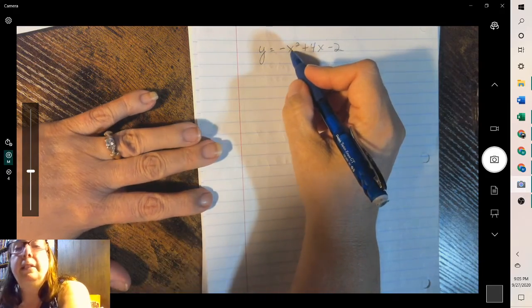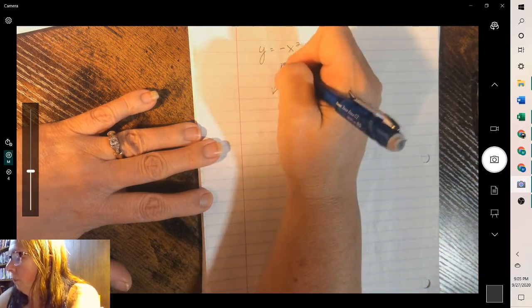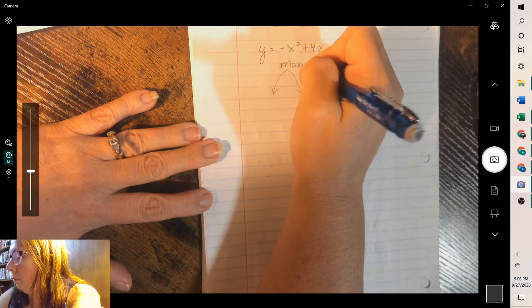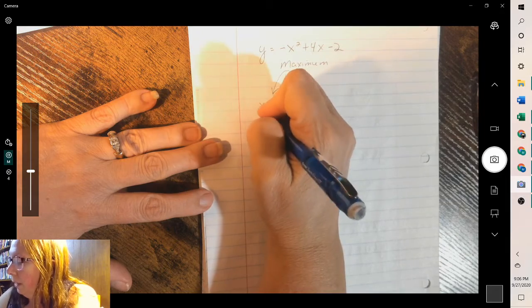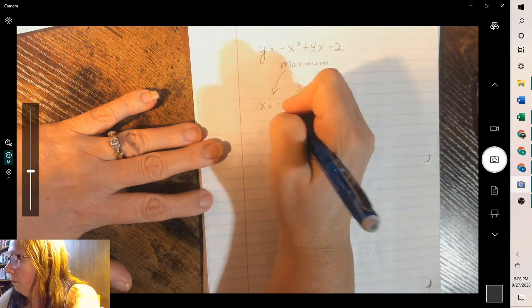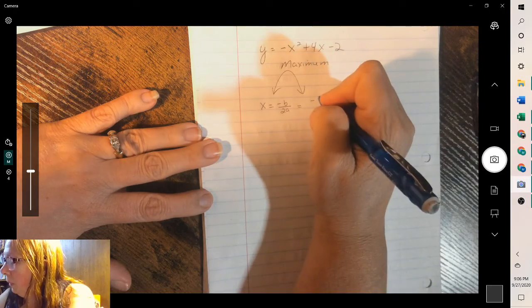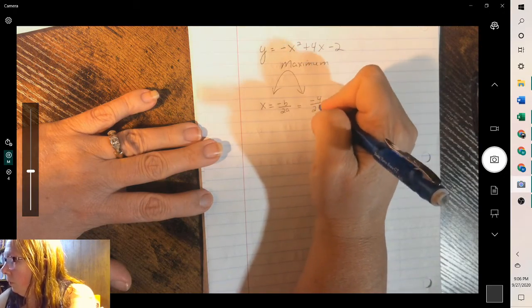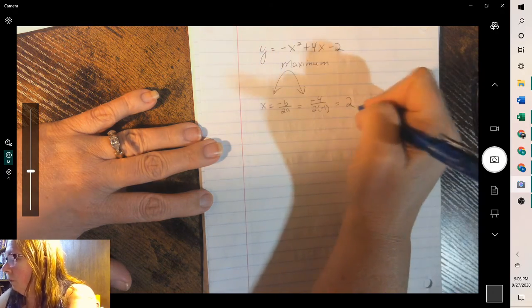This parabola is negative, which means it's going down. That means we can find a maximum. To find the x value that gives you the maximum, negative b over 2a. Negative b is negative 4 over 2 times a is a negative 1, which gives us a positive 2.